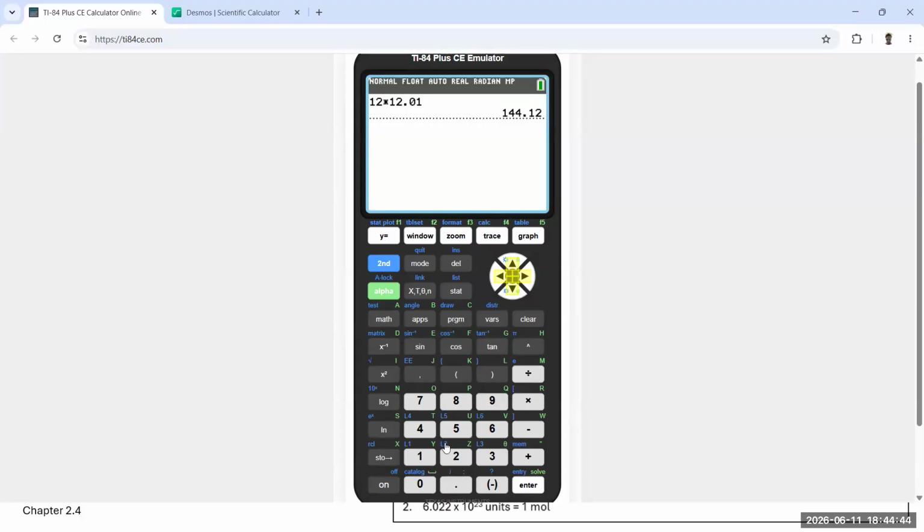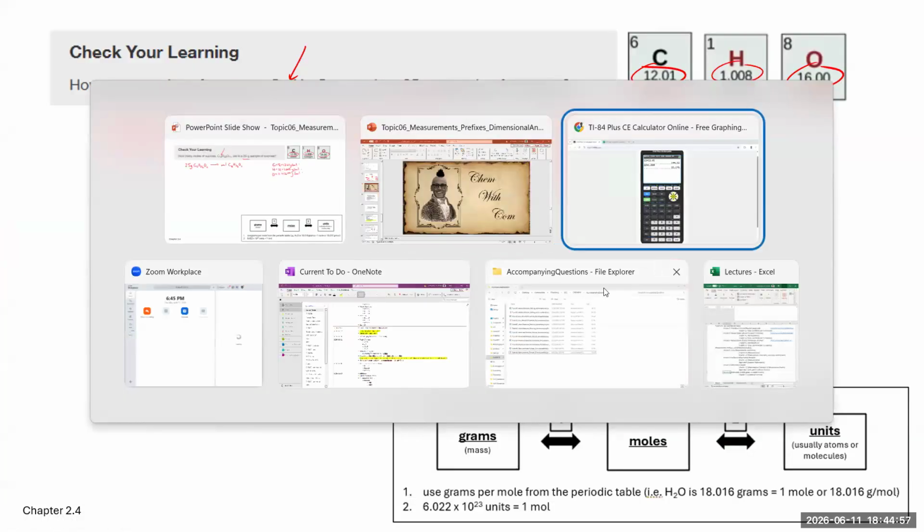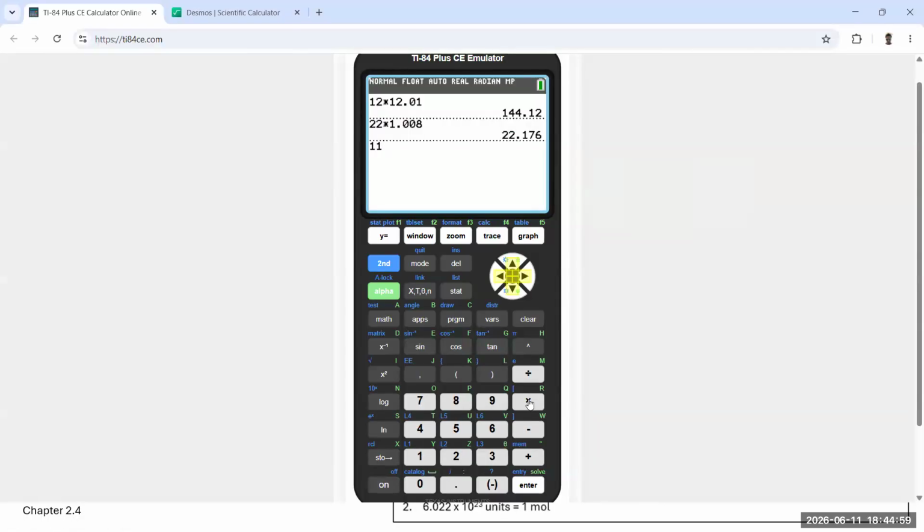And then I'm going to do 22 times 1.008. And then we have 11 oxygen, so 11 times 16.00.